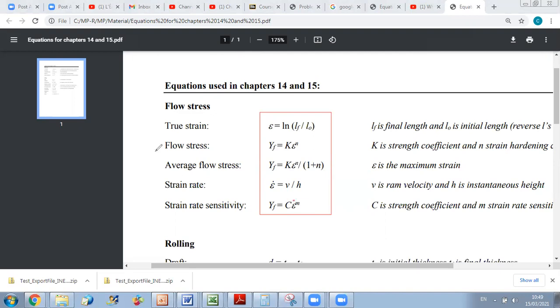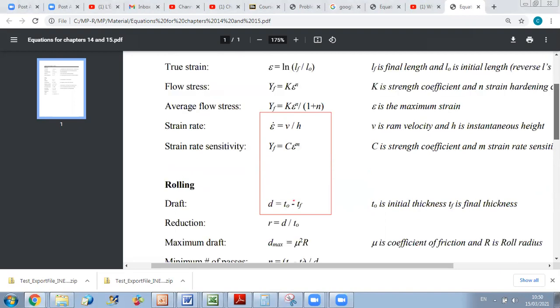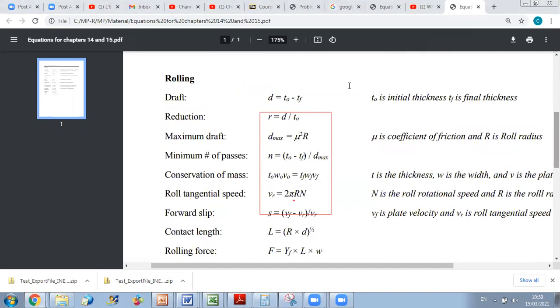Epsilon dot. Okay. Now in rolling operation, we have today defined the different terms for rolling. We have the draft, which represents the variation between initial and final thickness. The reduction is the ratio between draft and initial thickness. The maximum draft per pass, so please pay attention here, this is per pass. So you might need to do several passes to achieve your final draft.